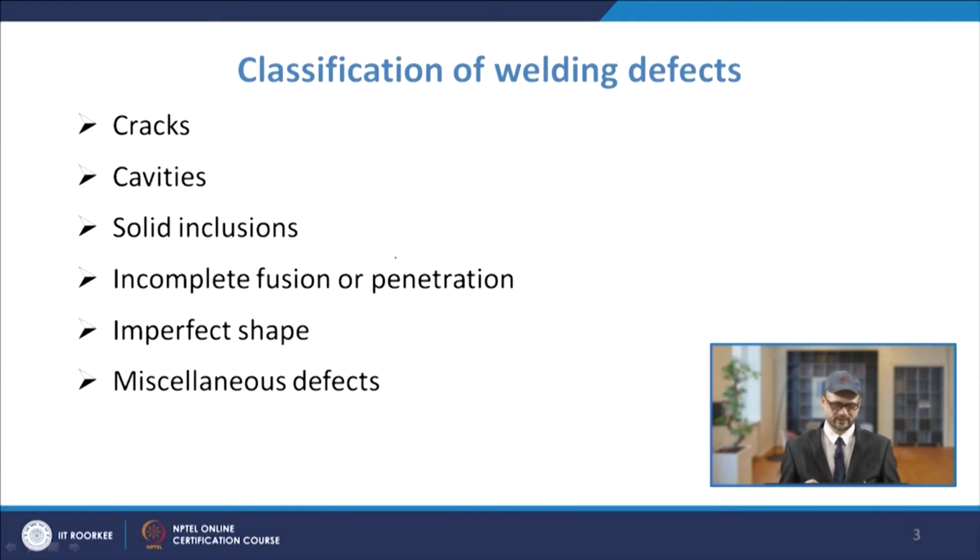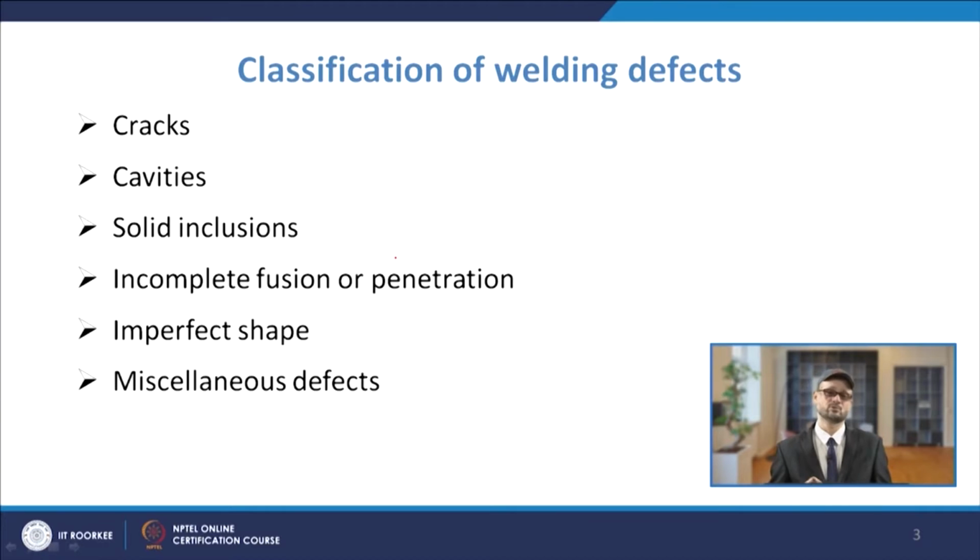Cavities are also a very important type of welding defect. As we have understood, during the welding process, because of the high temperature, and if there is no proper environmental shielding, there may be gaseous pickup or dissolution of gases in the weld. Some gases have very high solubility at very high temperature and very low solubility when the temperature drops.